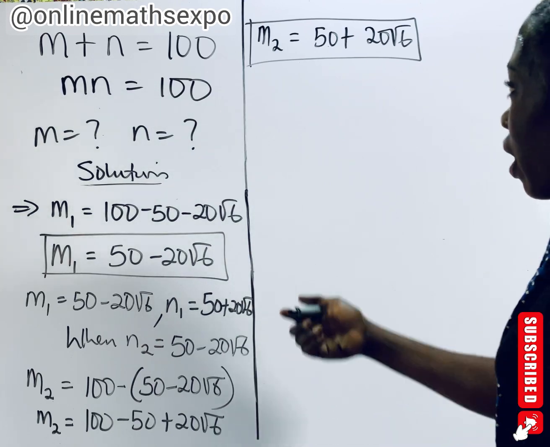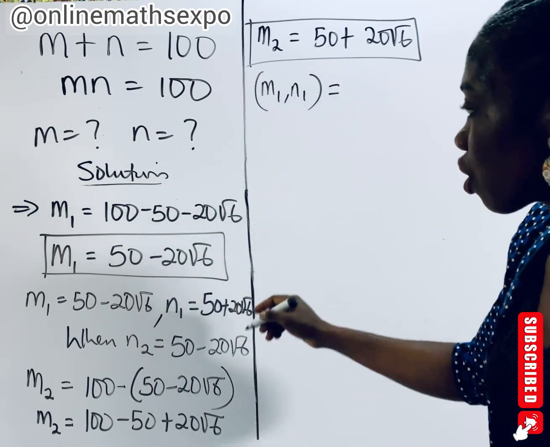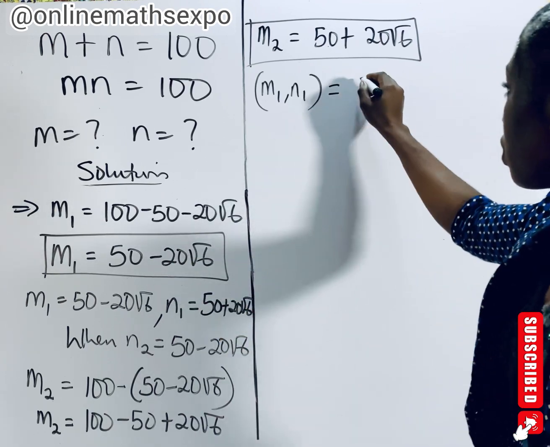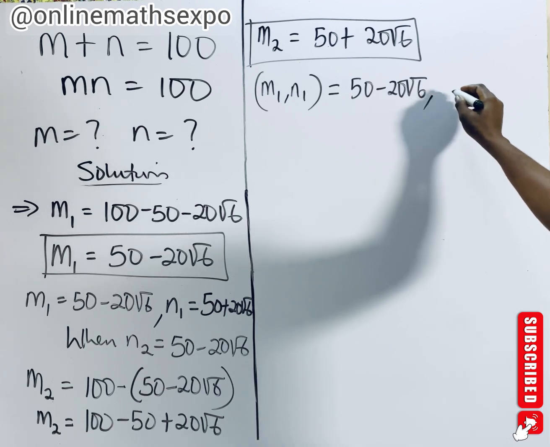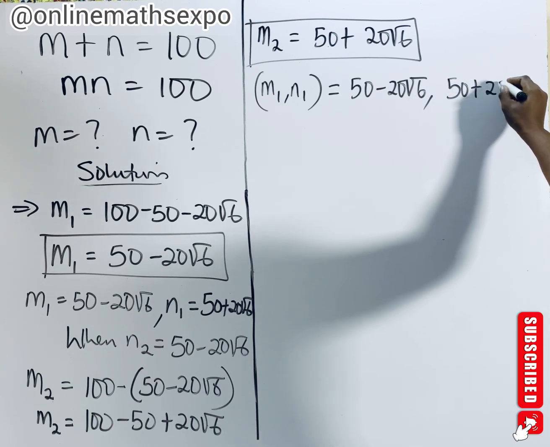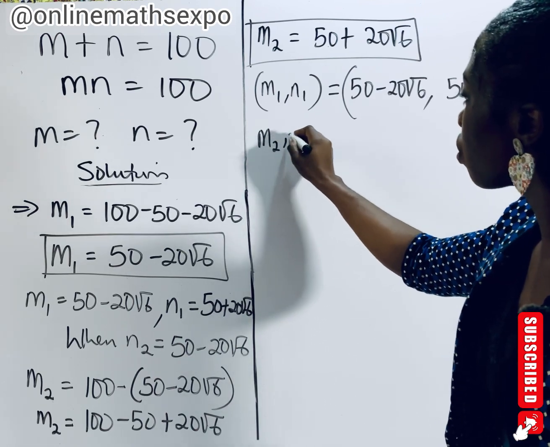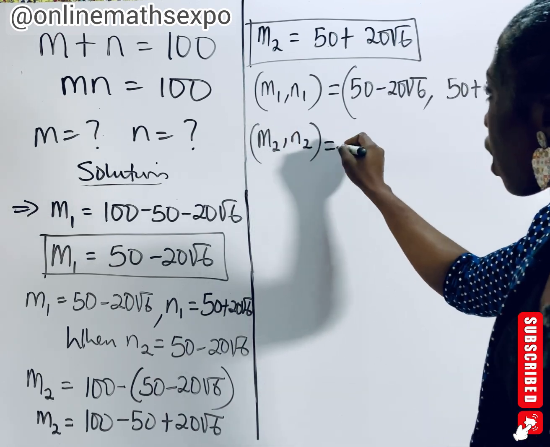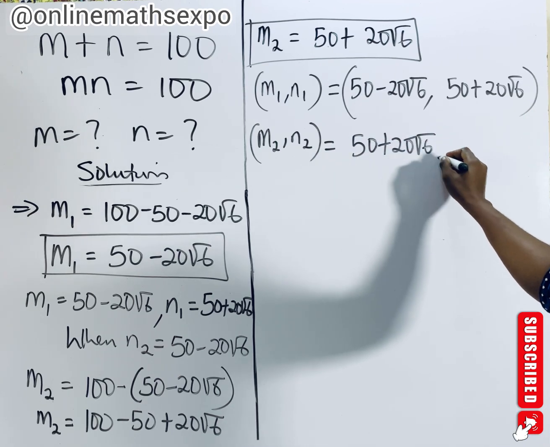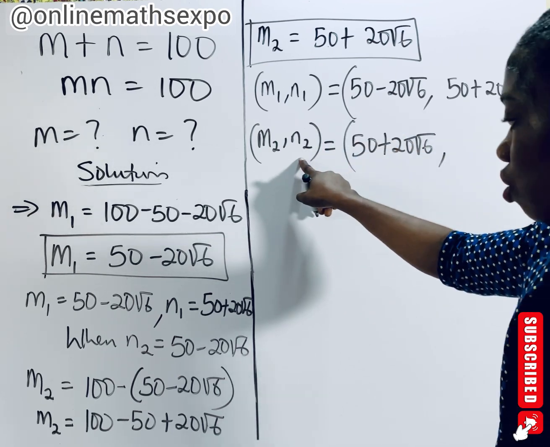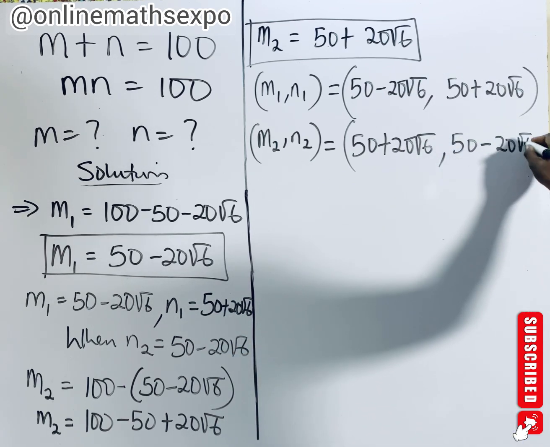Now in conclusion, for m1 and n1, our m1 is 50 minus 20 root 6, and our n1 is 50 plus 20 root 6. Now for the second set, our m2 is 50 plus 20 root 6, and our n2 is 50 minus 20 root 6.